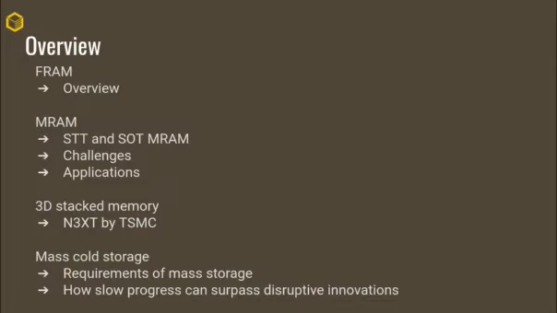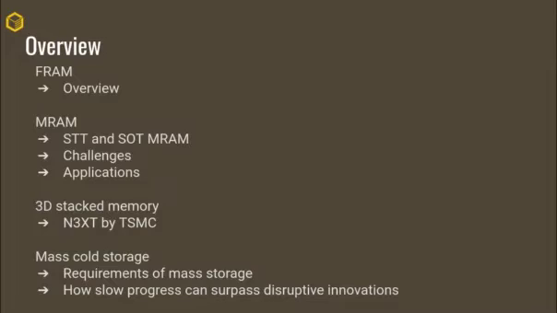So, what we'll be exploring today, we'll start by a quick overview of FRAM, then we'll look into another technology called MRAM. There are different types of MRAM. Today we'll be looking at STT-MRAM and SOT-MRAM. Then we'll look a little bit at a proposed 3D stacking technology called Next that was recently unveiled by TSMC and how memory is portrayed in that.